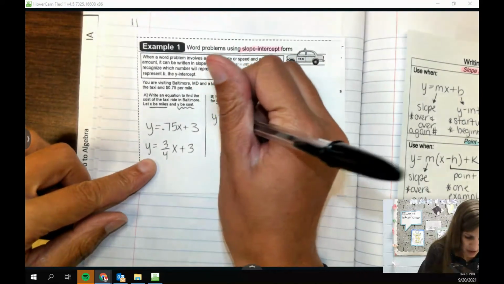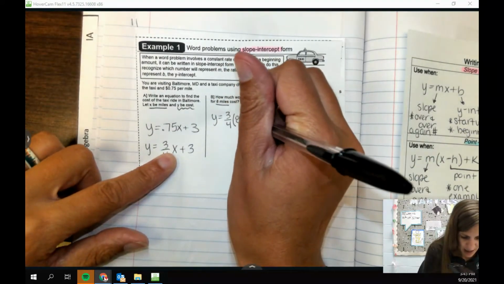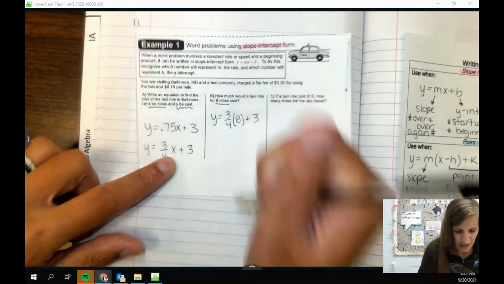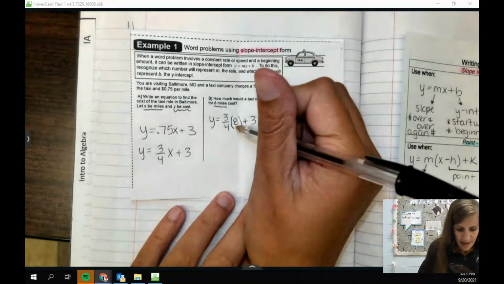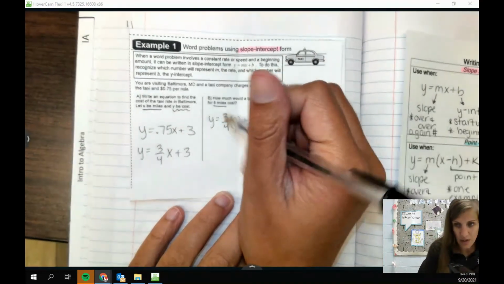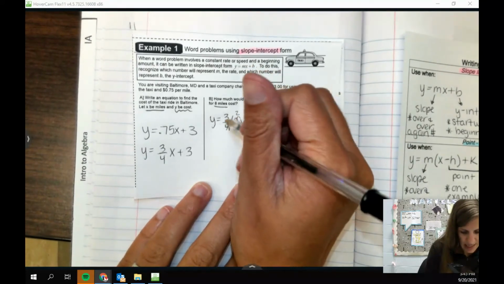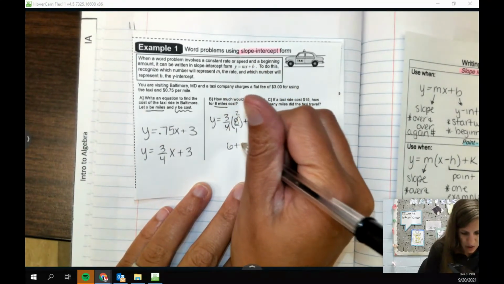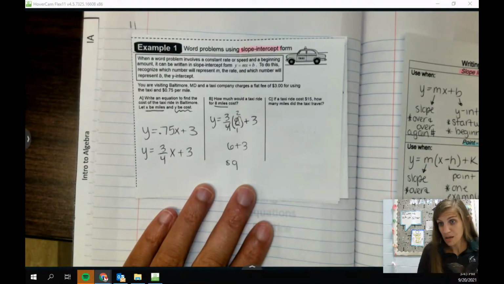So I can take my equation and in place of x, put 8 and figure out what the cost will be. And I picked the one as a fraction because I noticed that I can really just throw this guy over 1 and do a little cross-cancel-y stuff because like 4 goes into 8 twice. And so really this is just 6 plus 3 for $9 total cost.